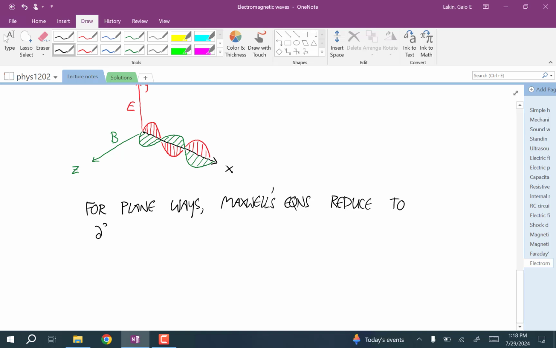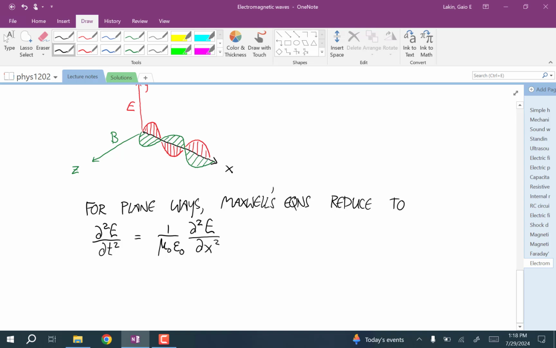The partial derivative, I know some of you have not seen partial derivatives, but just bear with me here. The second partial derivative of the size of the electric field with respect to time is equal to 1 over the constant mu 0 times the constant epsilon 0 times the second partial derivative of the size of the electric field with respect to x this time.